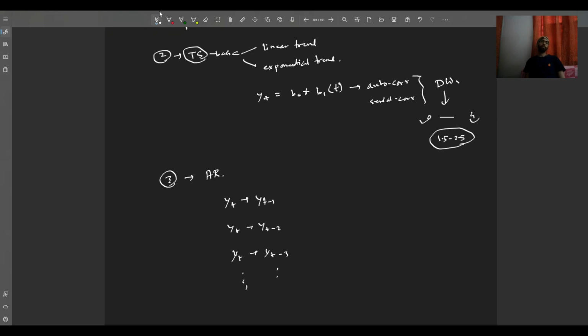We do these regressions successively, and what we are looking for is the t statistic value, whether it is significant or insignificant, right? So for example, let's say the yt minus 1 regression is significant, and gradually the values for yt minus 2, yt minus 3 fall below the critical value of t. So this is insignificant, this is insignificant, right? In this kind of case, if there is a gradual decline of values, we can say this model is an AR1 model.